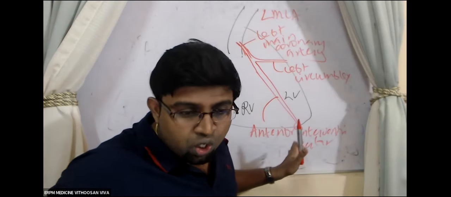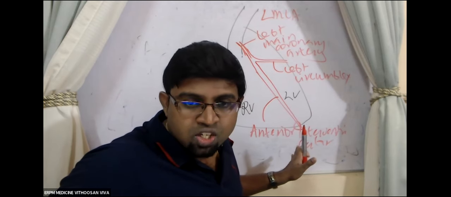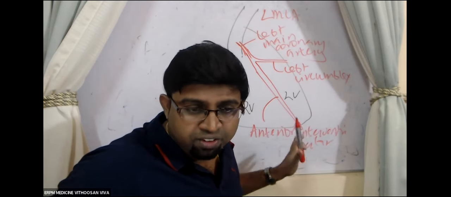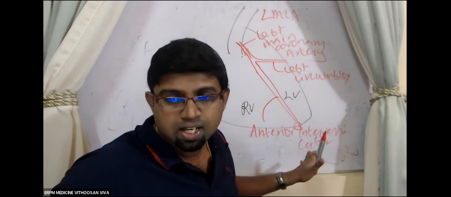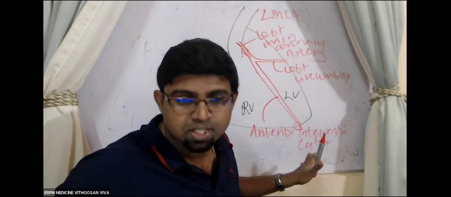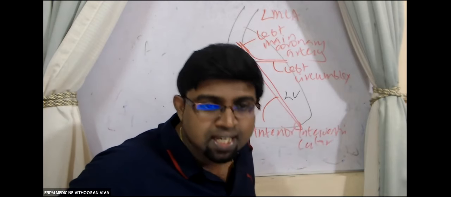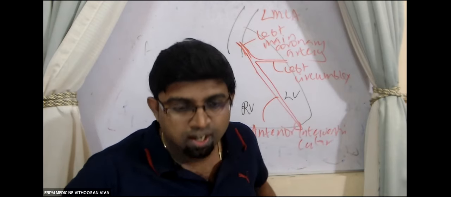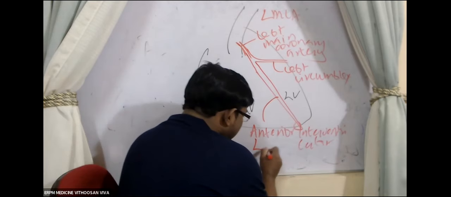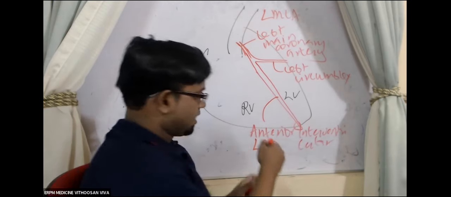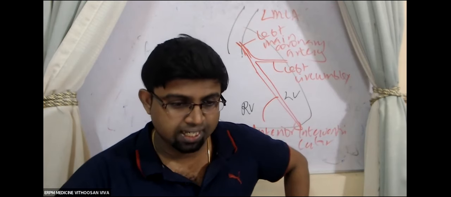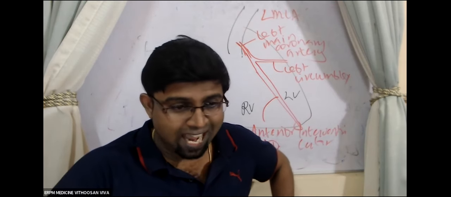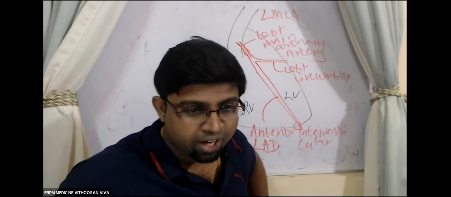So even though this is called the anterior interventricular artery by the anatomical terms, in medicine, in cardiology, we love to call this the LAD. L-A-D, LAD. Clear? That is the term we use in cardiology.